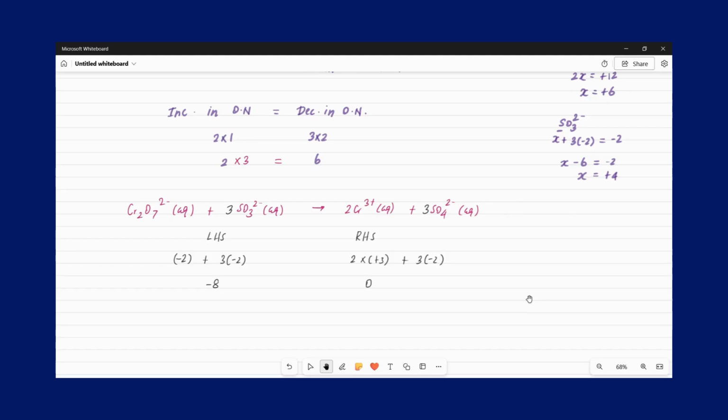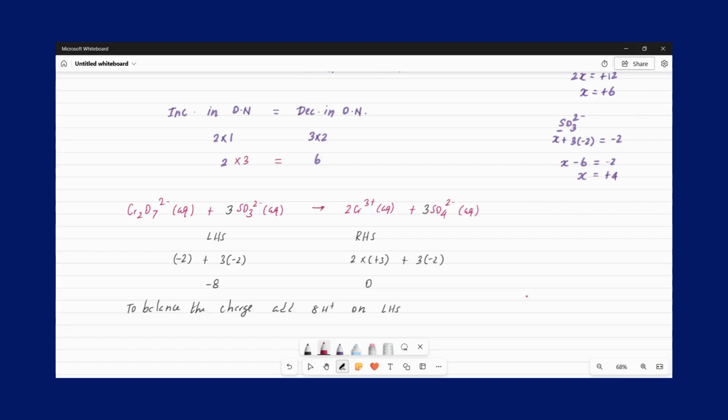At the same time, if I add positive 8 to the left hand side, then it becomes 0, so the charge on both the sides becomes 0, it is equal. So to balance the charge, I am going to add 8H plus on left hand side.